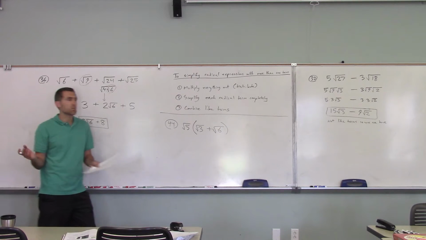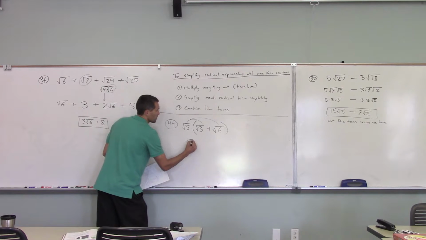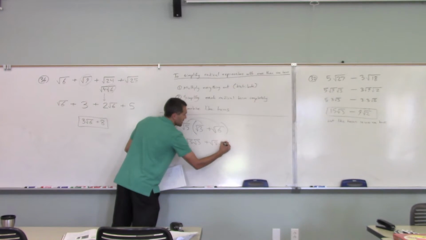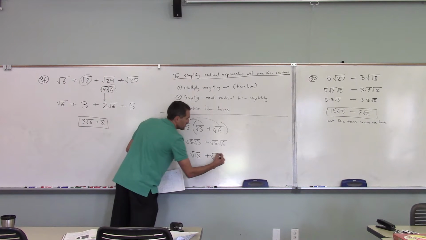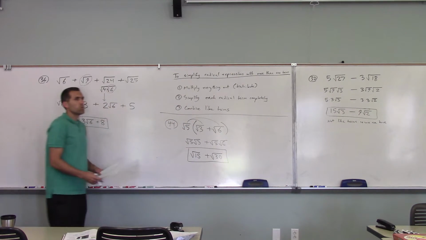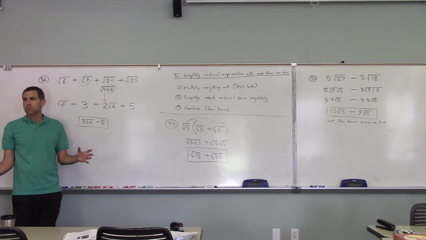You need to just multiply everything out. Okay, so if we distribute this in, square root of 5 times square root of 3 plus square root of 5 times square root of 6, we get square root of 15 plus square root of 30, and we're done. There's no perfect square that goes into either one of those. They're not like terms, so we can't combine them.